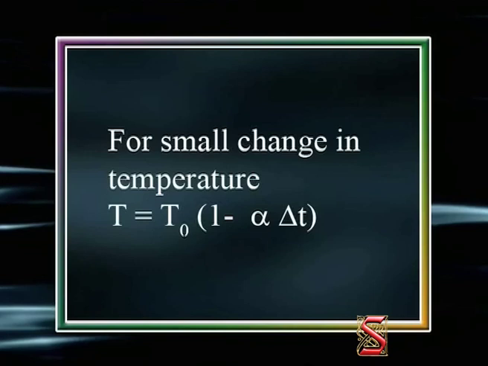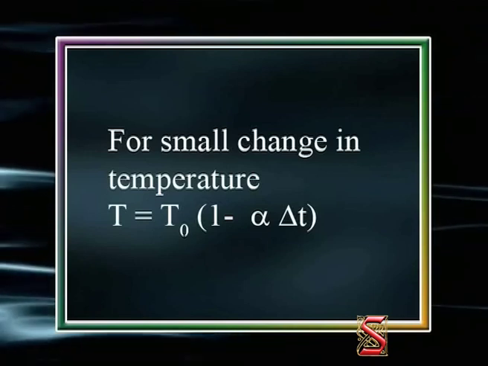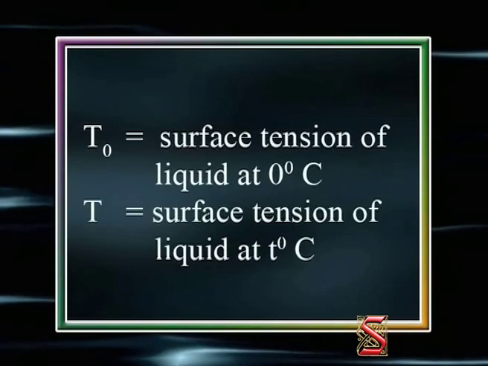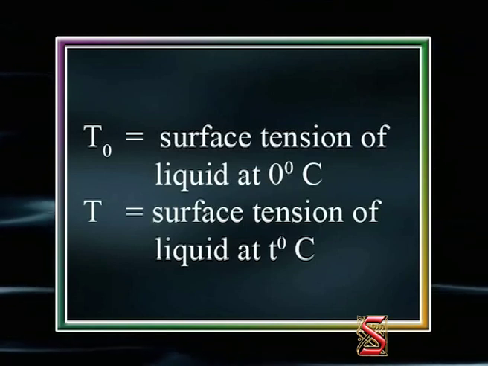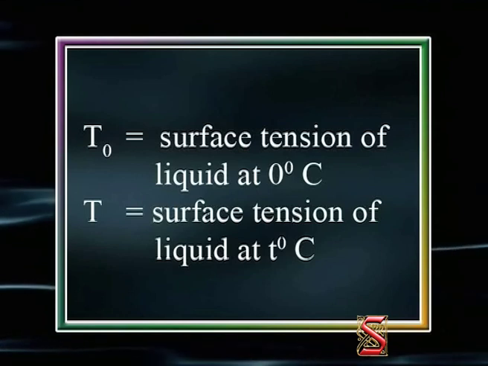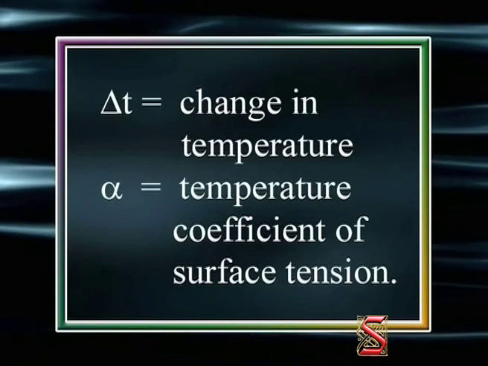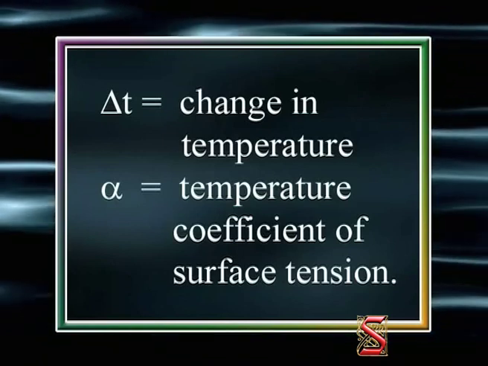T is equal to T0 into 1 minus alpha into delta T. What are those terms? T0 is the surface tension of the liquid at 0 degree centigrade, T is the surface tension of the liquid at T degree centigrade, and delta T is the change in temperature. Alpha is the temperature coefficient of surface tension.